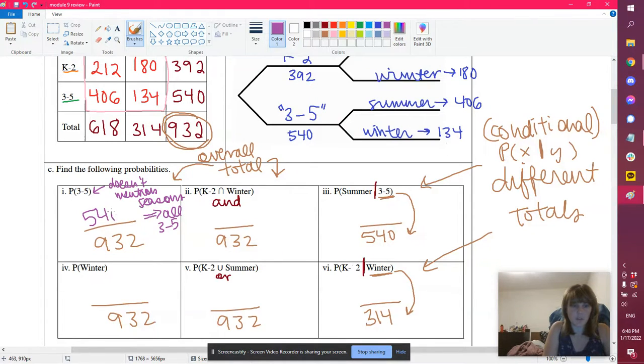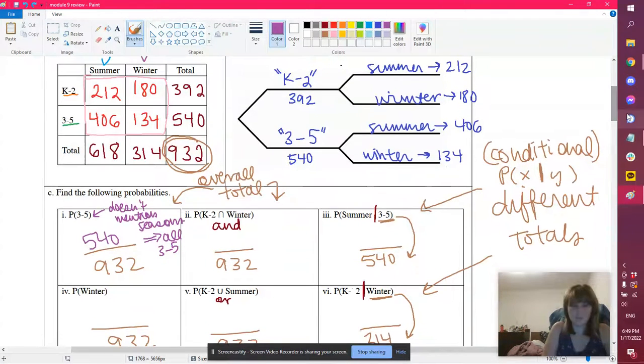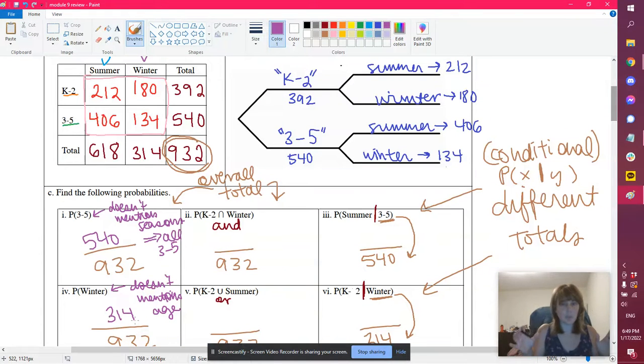So it wants all 540 3rd through 5th graders. The total. This one down here doesn't mention grades, doesn't mention age, so it wants all winter people. The total number of people that like winter.